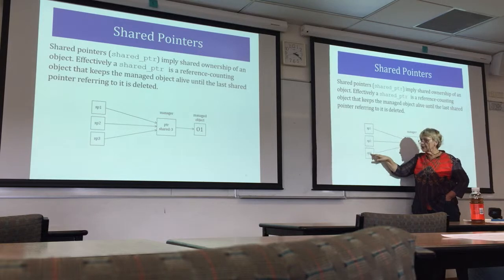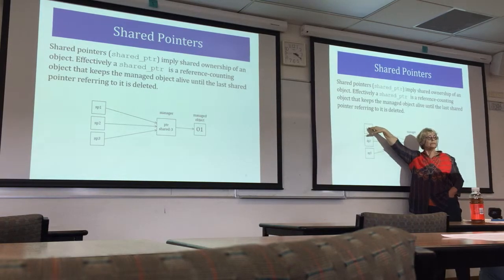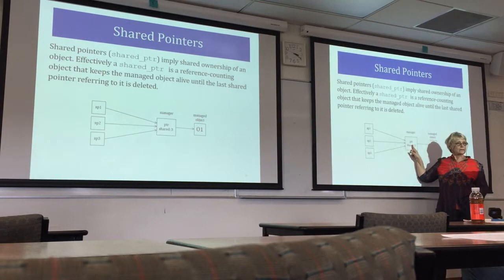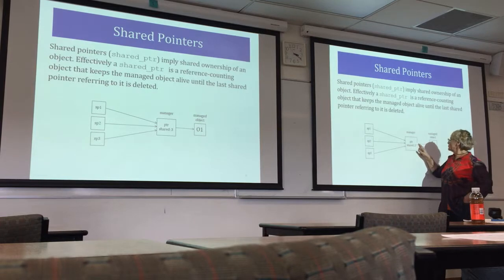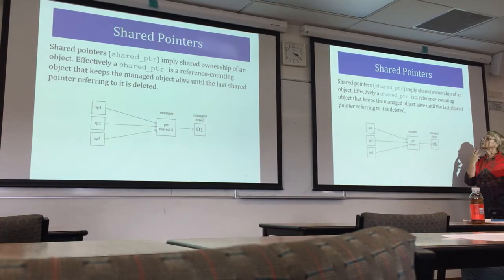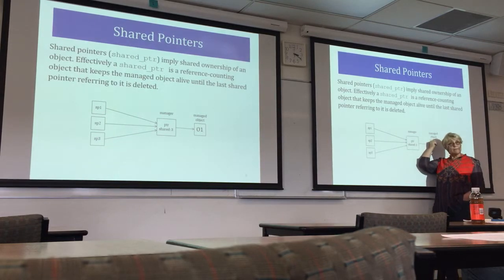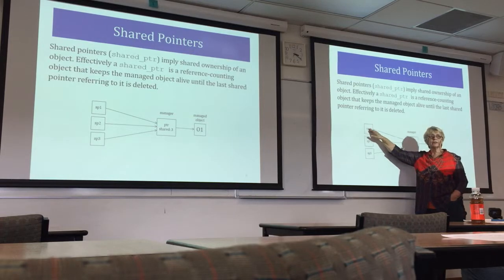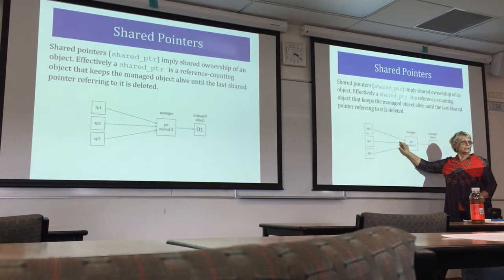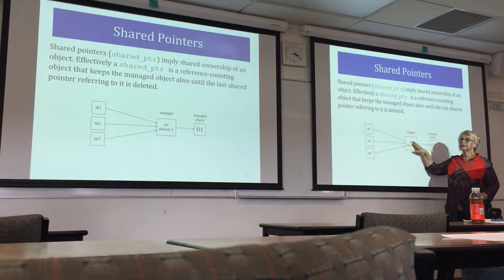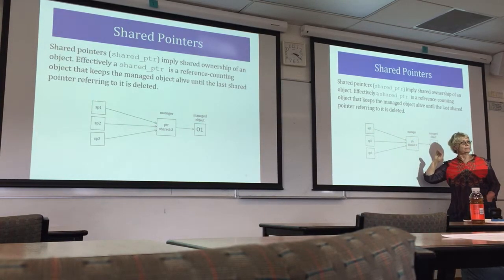Assume that we have the third share pointer which is created from this or from this, then the reference count is incremented to 3, and they all now point to the same object. But if one object goes out of scope, this share pointer decreases to 2.